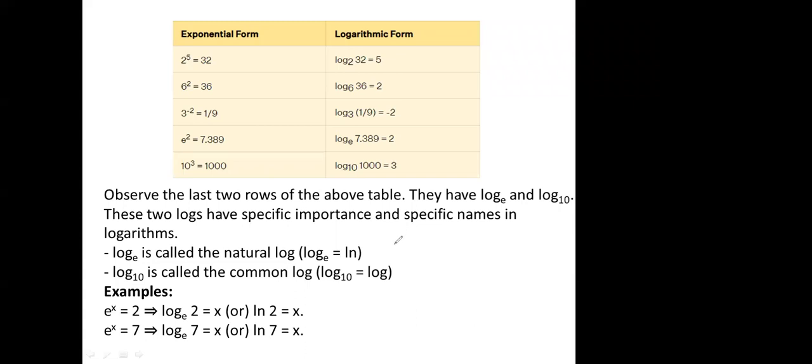So if an exercise says ln, you know that the base is e. If it says just log, you know that the base is 10. Here's the example: if you have e to the power x equals 2, you have logarithm base e of 2 equals x, or ln of 2 equals x. It's going to be the same.